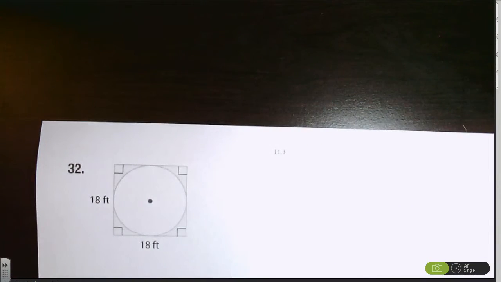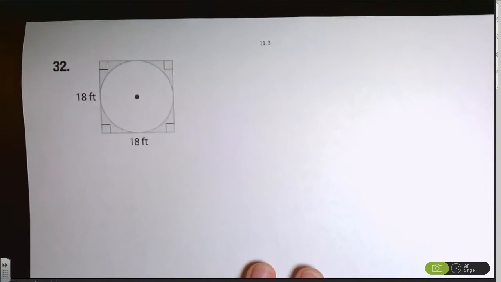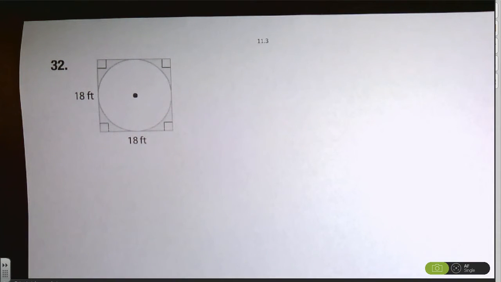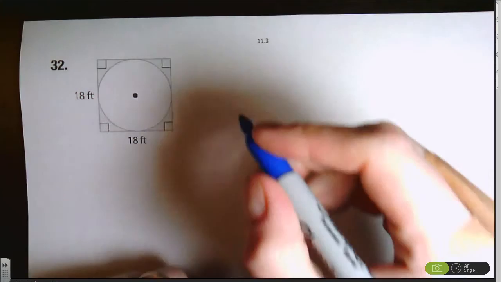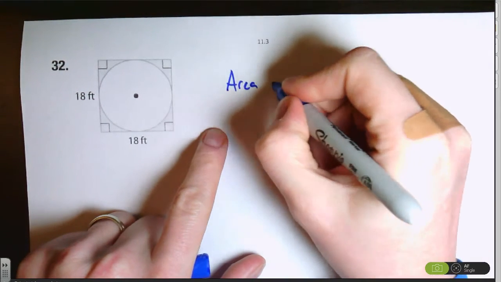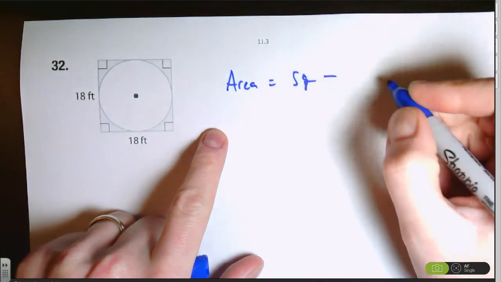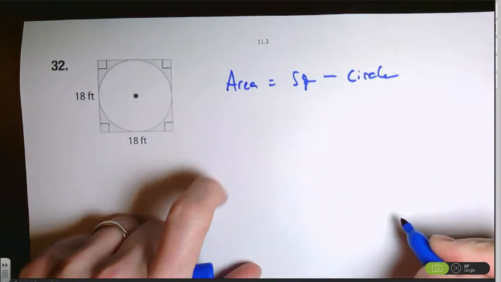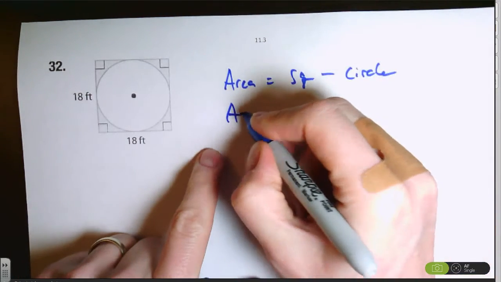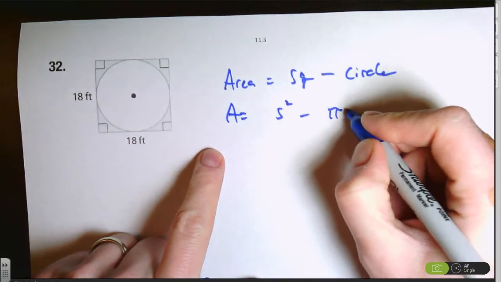All right, now, next example, 32. Okay, we're finding the area of the shaded region. What we have to realize is that the area is really the square minus the circle. Okay, so area equals side squared minus pi r squared.